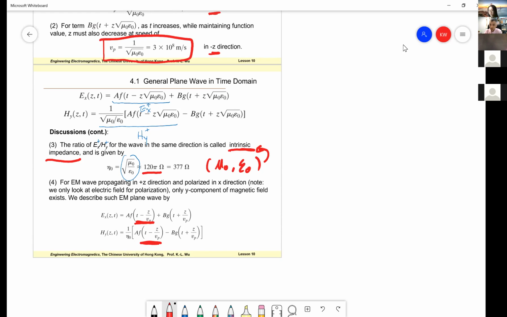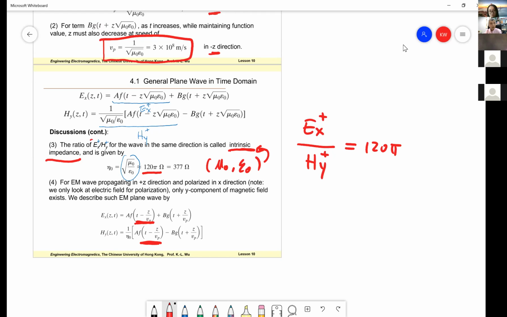And the ratio of the component of EX propagating in the positive z direction to HY equals a real number. This real number means they don't have a phase difference. So electric field and magnetic field propagate in phase.